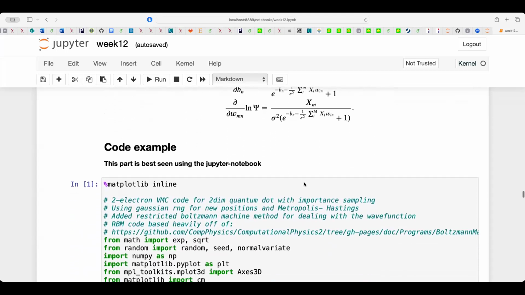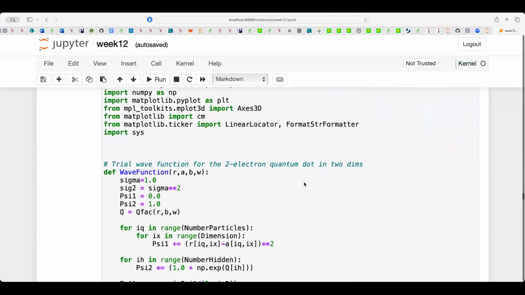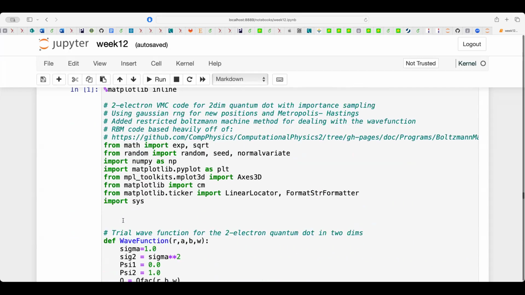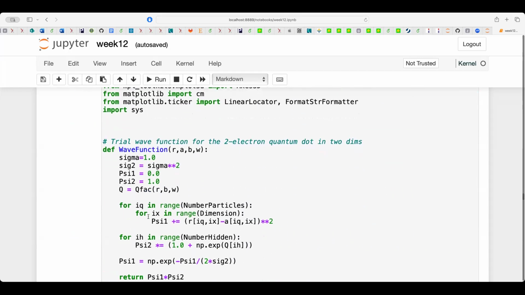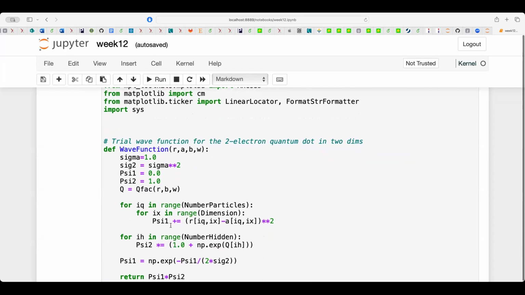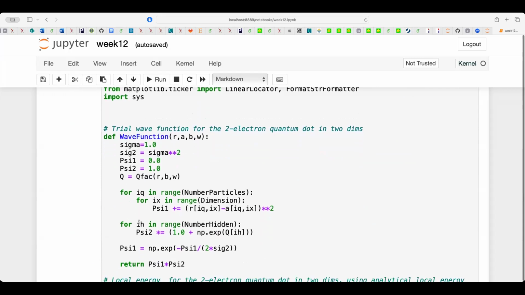So that means that when you look into the program now, you will see that I have these different parameters in the calculation of the wave function. And this Q here is actually that factor which I have defined. Let me get back to that a little bit later. But here, I'm setting up the wave function for the different particles, and then I also sum over the hidden nodes.